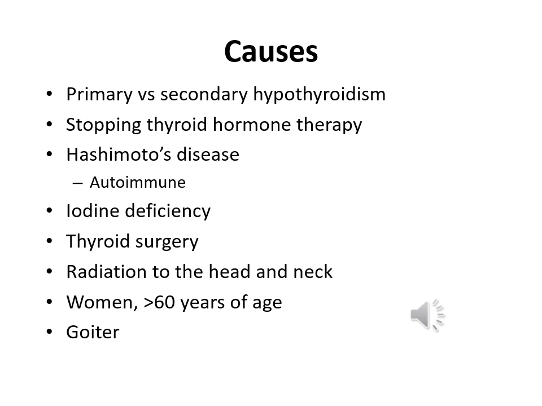Additional causes of hypothyroidism include stopping thyroid hormone therapy, Hashimoto's disease, which is autoimmune in nature, iodine deficiency, thyroid surgery, radiation to the head and neck. It's more common in women older than 60, and goiter can also cause hypothyroidism.